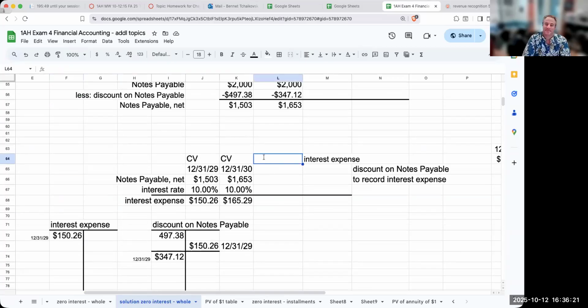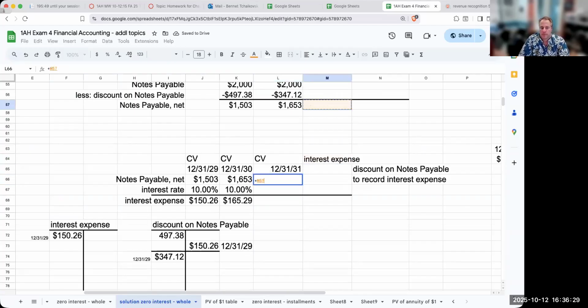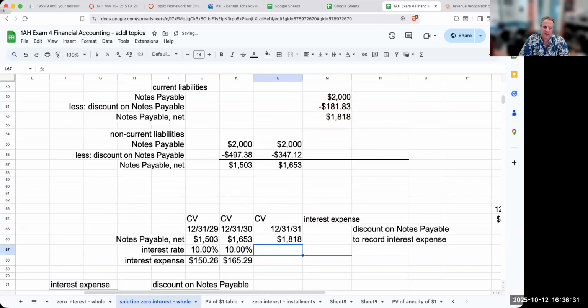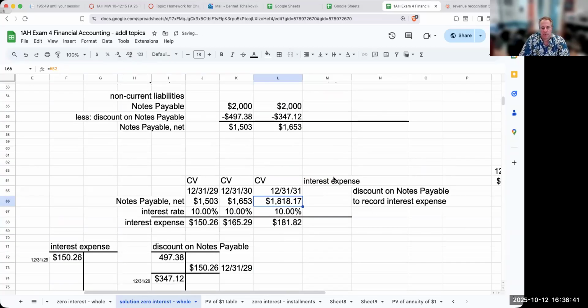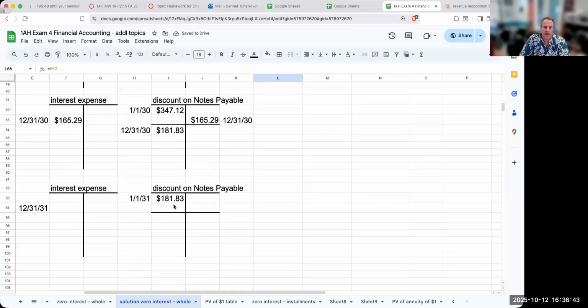Let's make things interesting. Okay, 12/31/31. My notes payable net has a carrying value over here of 1818, my interest rate of 10%. So I have this over here of 181.82. Again, numbers are a little bit off, but we'll go through and figure that out.